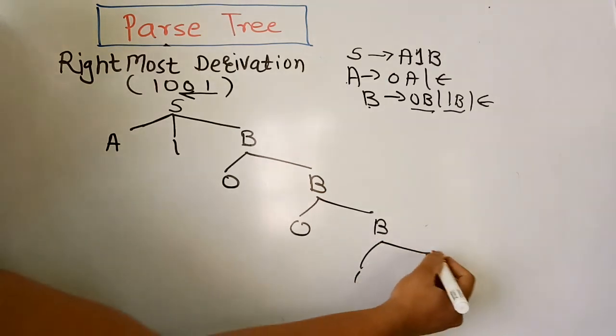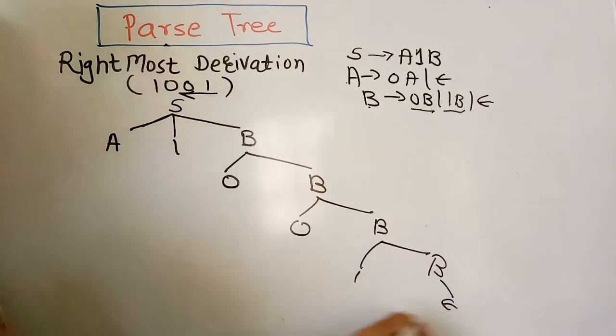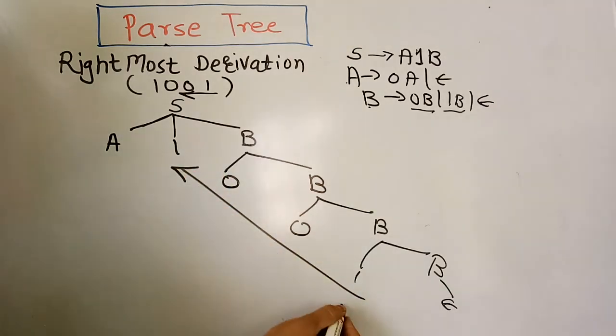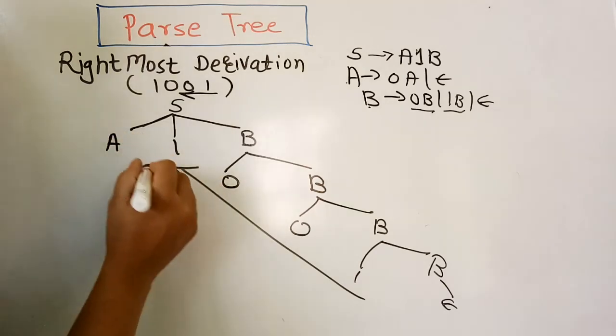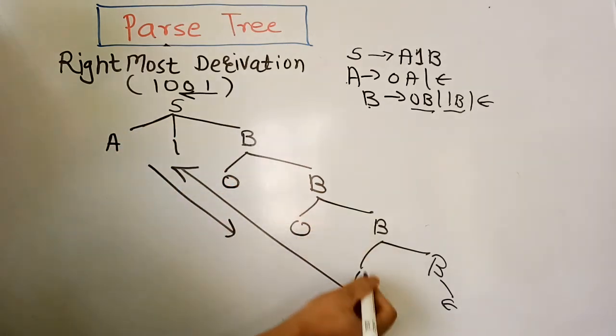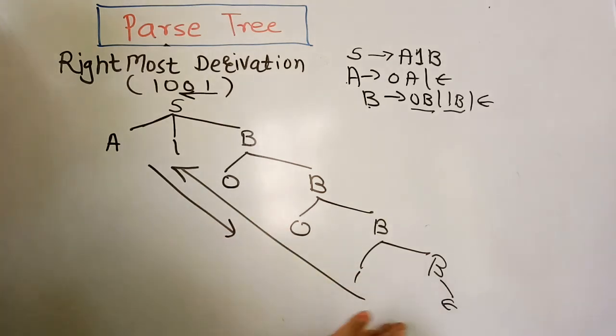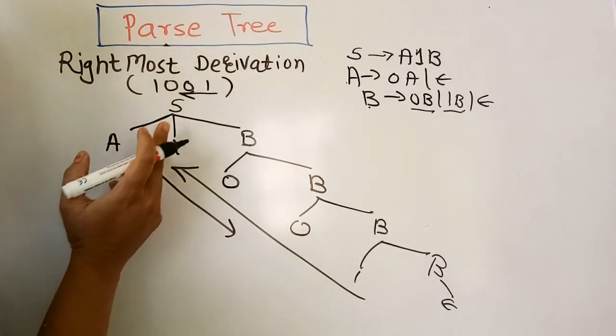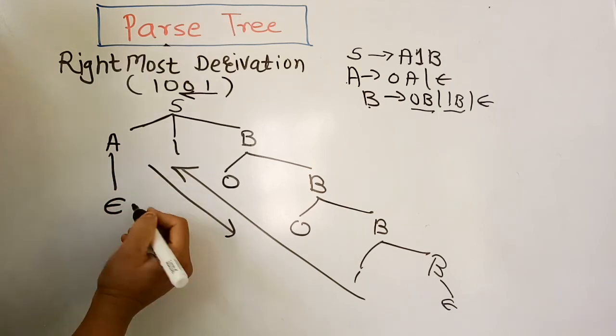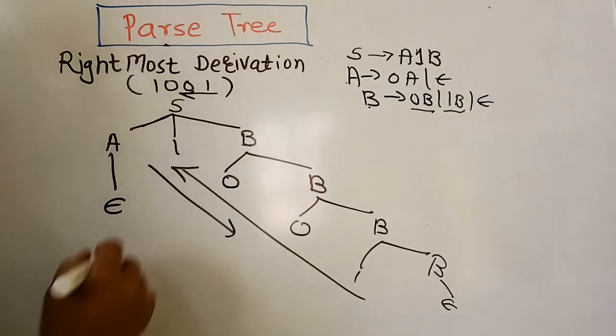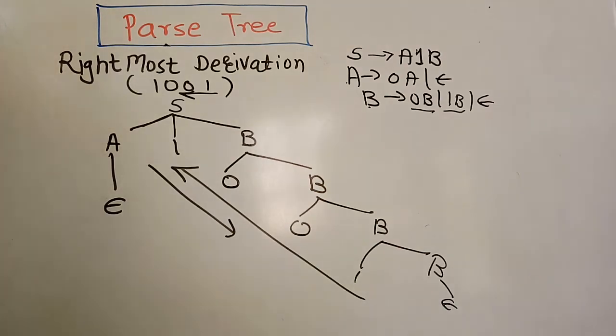This B is again replaced with 1B and this B with epsilon. Now after this derivation we will get 1001, and for leftmost we also took 1001. What about the A? Now coming from this side to this side, 1 is already there. For A we will replace it by epsilon. So this is the rightmost derivation for the string 1001.